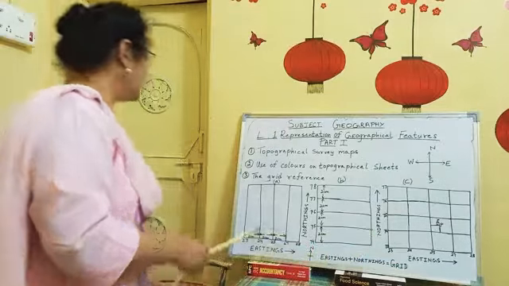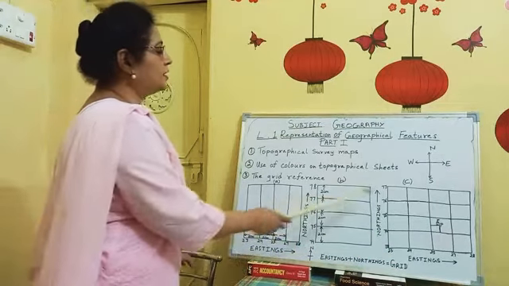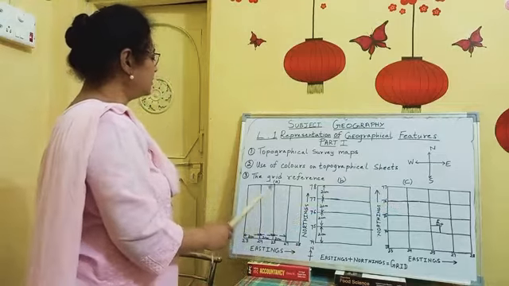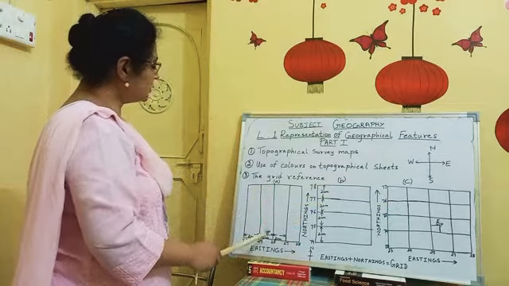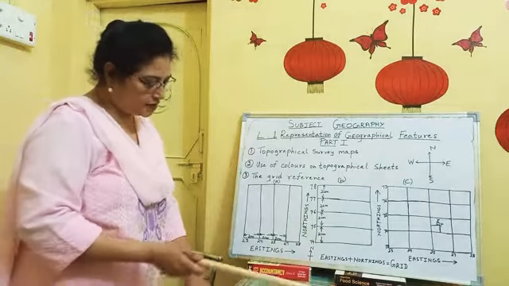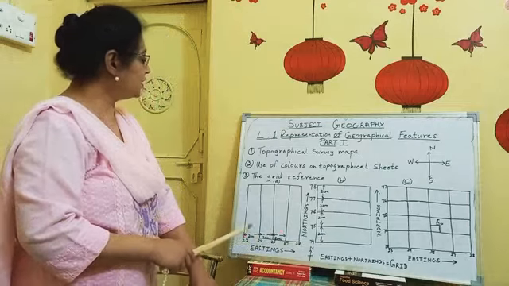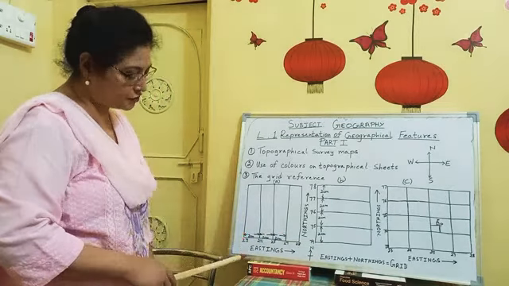If you see over here, I have drawn 3 figures, A, B and C. Now figure A, if you see, you can find over here the vertical lines which are numbered from west to east.